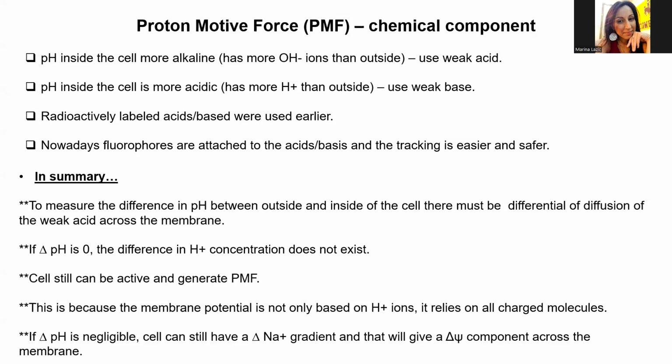So the cell can still create proton motive force, but in this case it will not be based on H+ ions, it will be based on sodium ions. Usually alkaliphilic organisms use this. We will talk about that in a minute when we talk about cellular stress.